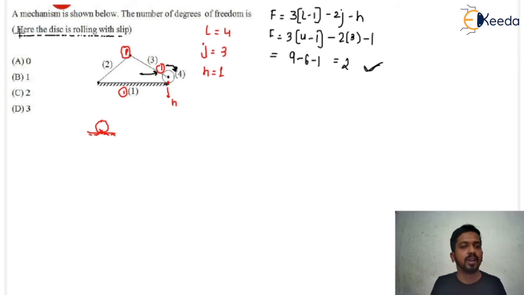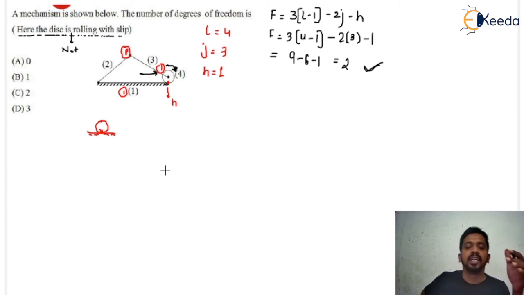Now if this line is not written here, and if it says that the disc is not rolling with slip, that would be the redundant part. Redundant part and redundant motion are the same.